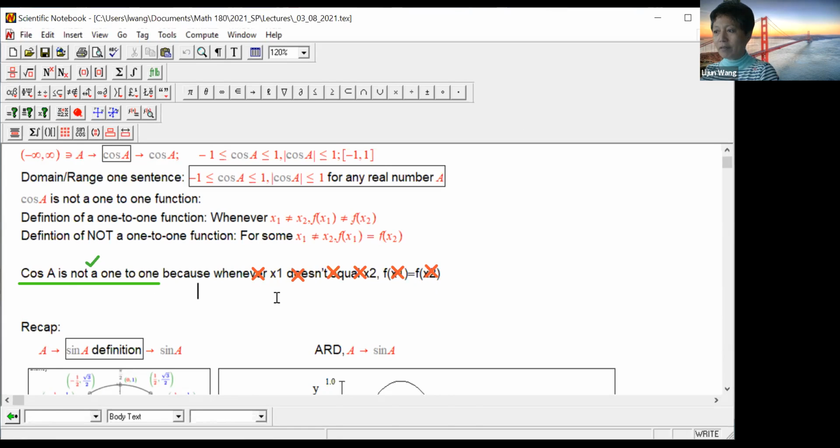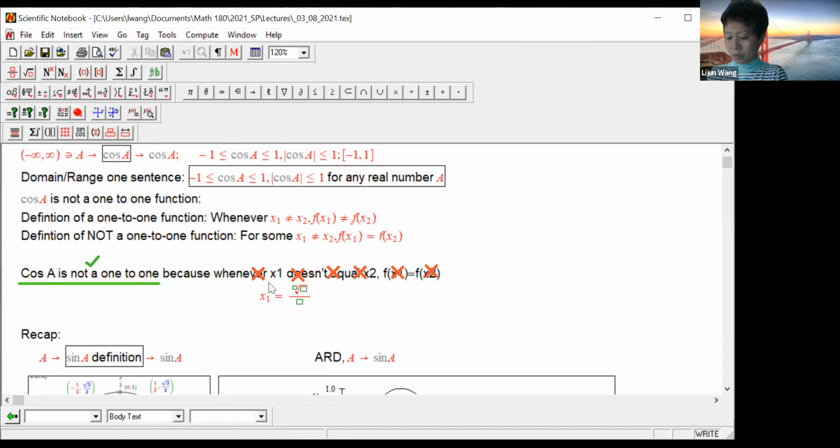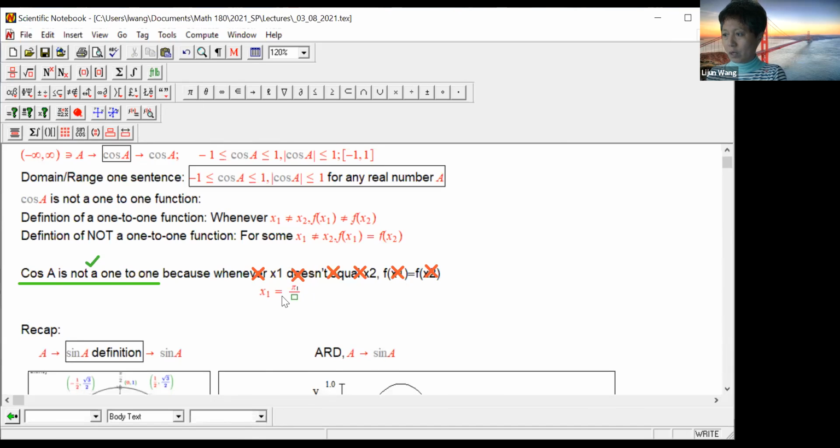You said whenever x1 does not equal x2, then I'll give you x1 equals pi over 4, and x2 is going to be equal to pi over 6.